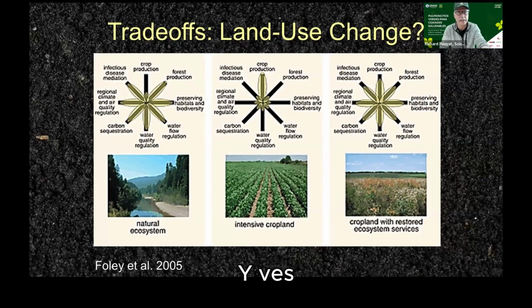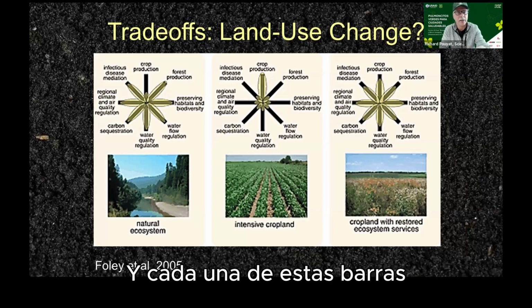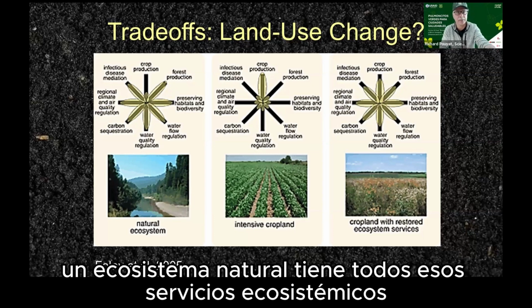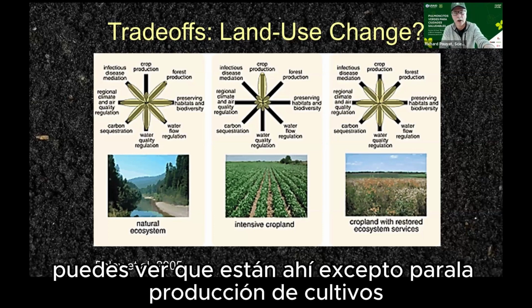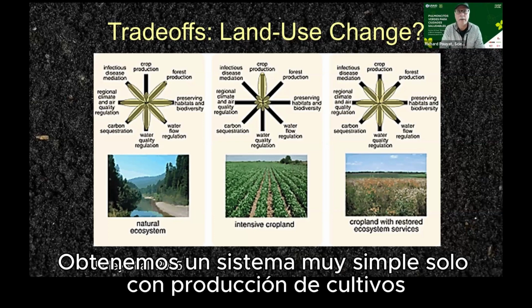But this is a paper by Foley et al. in 2005, and you see these diagrams are what they call rose diagrams, and each one of these bars represents an ecosystem service. And so a natural system's got all those ecosystem services. You can see them there, except for crop production. So we take that landscape, when we do intensive cropland, we get a very simple system just with crop production.